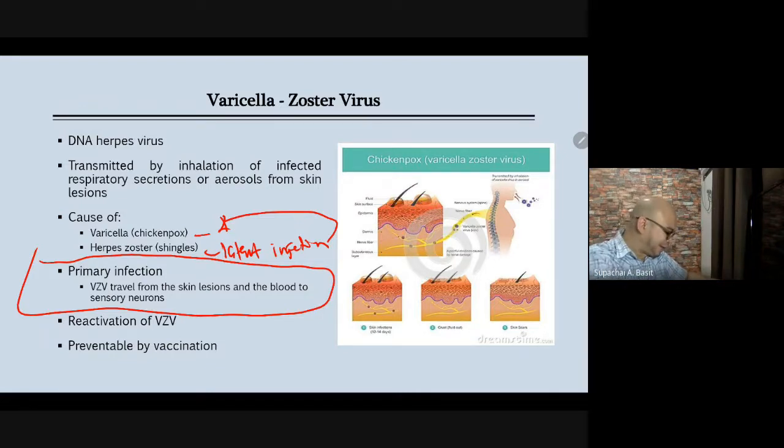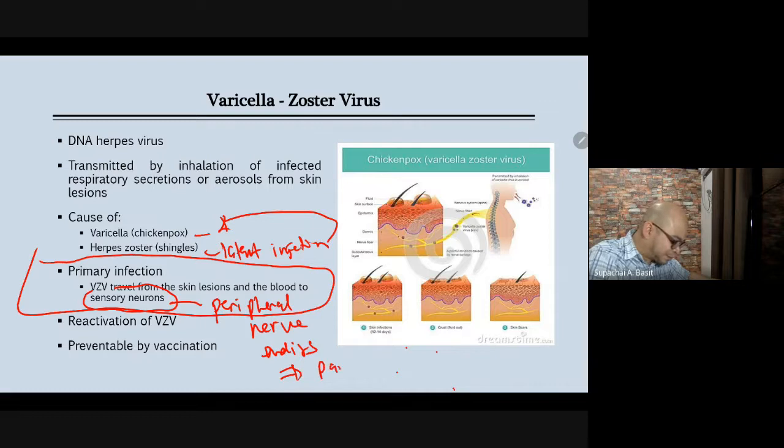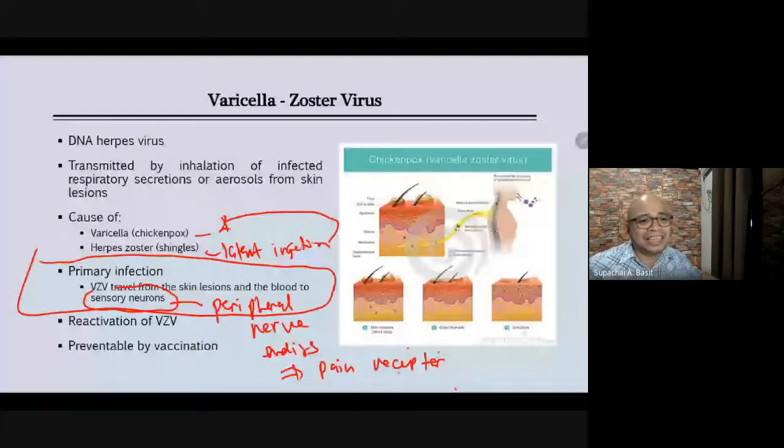Because the site of infection is in sensory neurons, or sometimes in the peripheral nerve endings, which are our pain receptors. I've talked to a person with shingles, and she described to me how painful it is. It's like you have a wound and then someone lacerates your wound with a hot blade. That's how she described shingles.